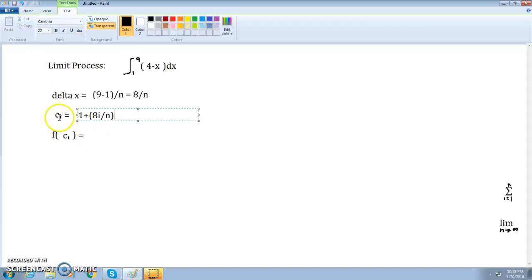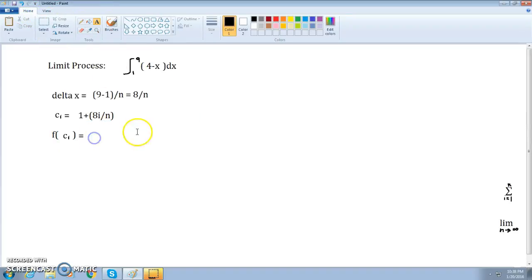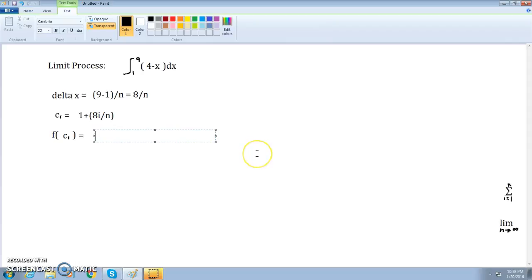Now we're going to plug c sub i into the equation 4 minus x. By doing that, we get 4 minus c sub i, which is 1 plus 8i divided by n.